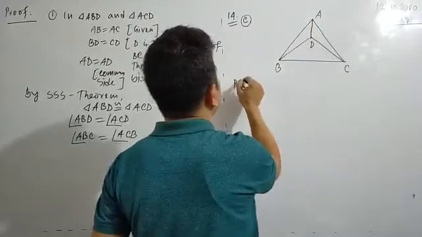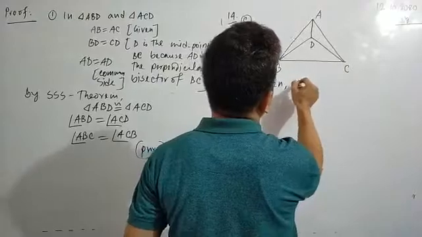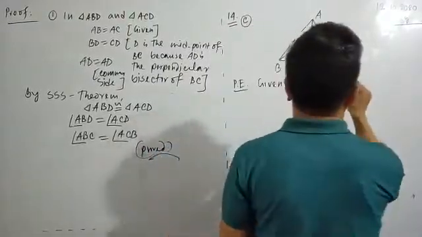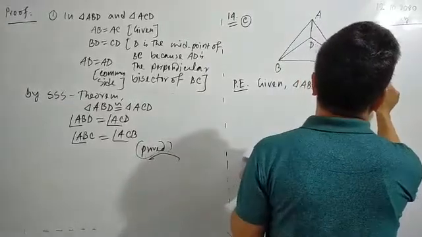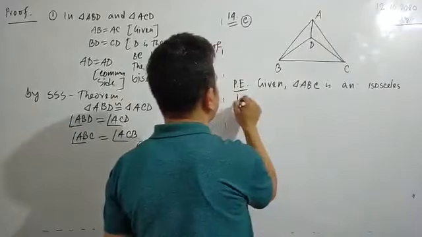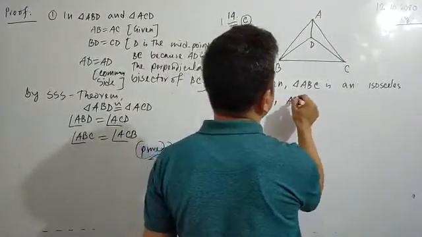So, particular enunciation. Given: ABC is an isosceles triangle, AB equals AC.